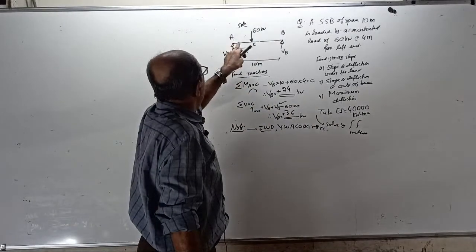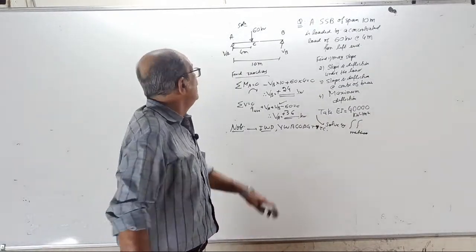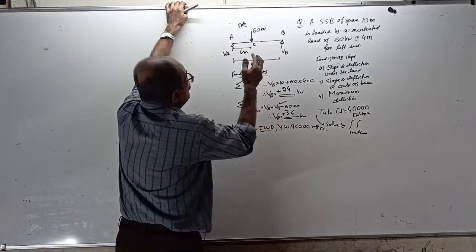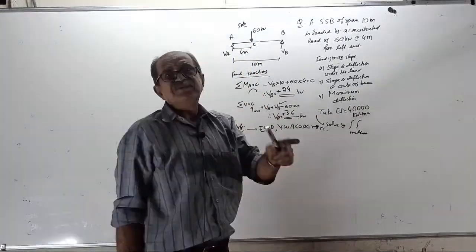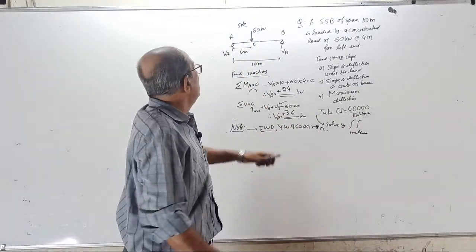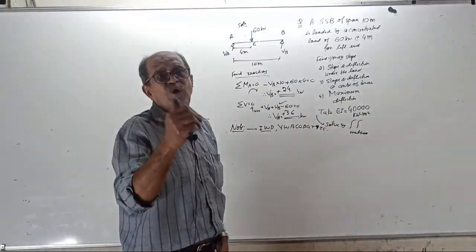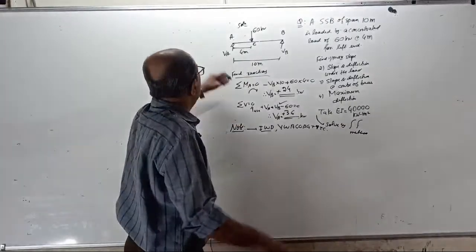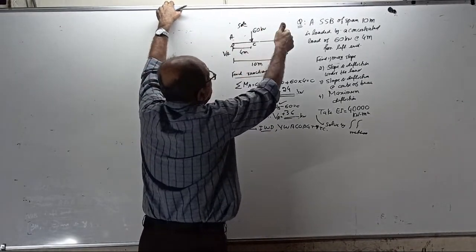For A to C, C1, C2 will come. But you cannot find C1, C2 because for A to C there is only one condition: deflection at A equal to 0. Slope at C is not 0, it is unsymmetrical. So two unknowns you can't find. The second condition is deflection at B equal to 0.